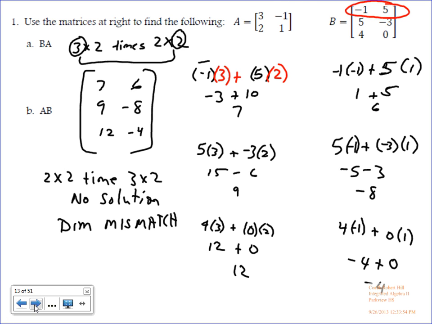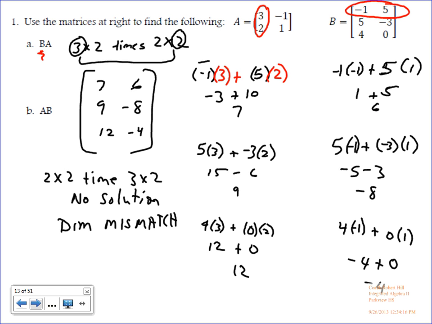So I take 1, -5, the A column, and I times it by A, 3, 2. And then you do the sum of the products. Okay, so when it's written like this, you take the rows in B and multiply them by the columns in A.